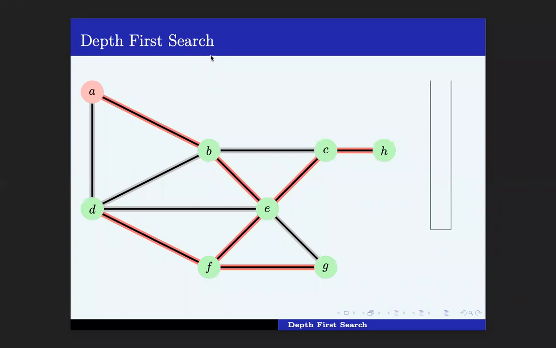We had to visit every vertex at least once to mark it red. That is true. We visited every vertex once to mark it in red, and then we visited every vertex again to mark it in green. So 2 times the number of vertices. Yes, 2 times the number of vertices, that's true.